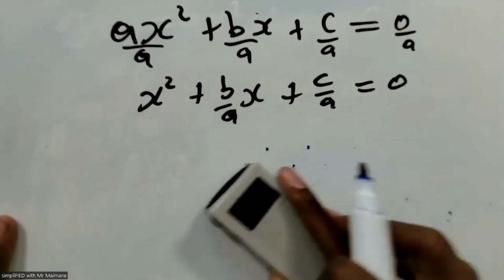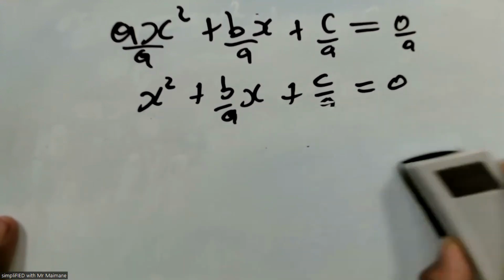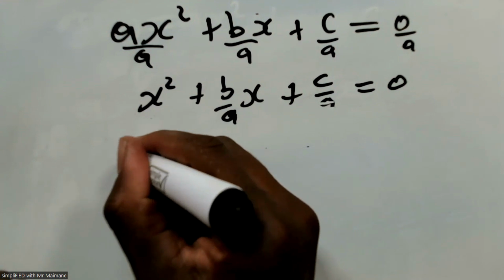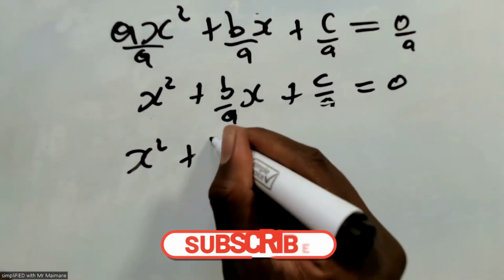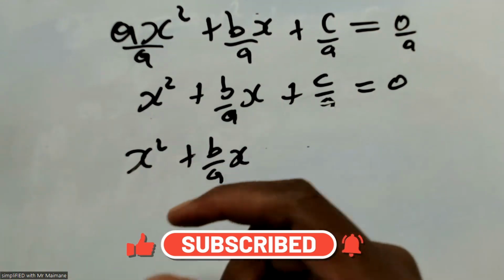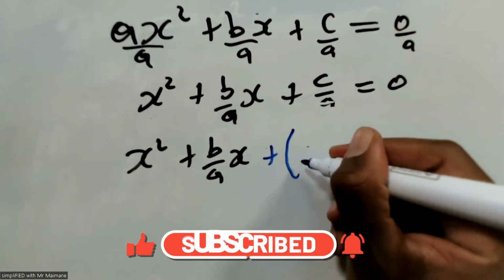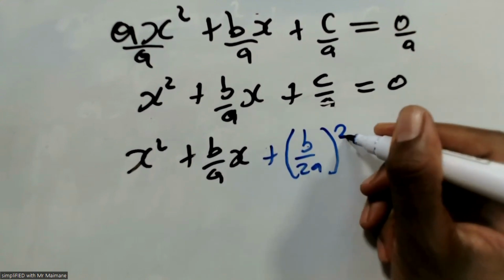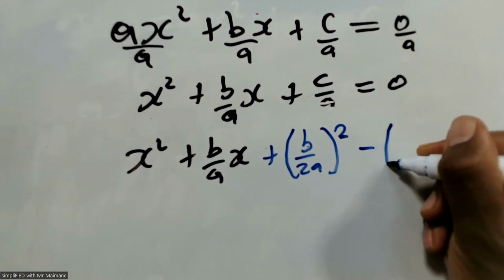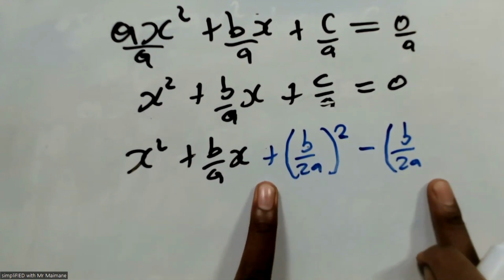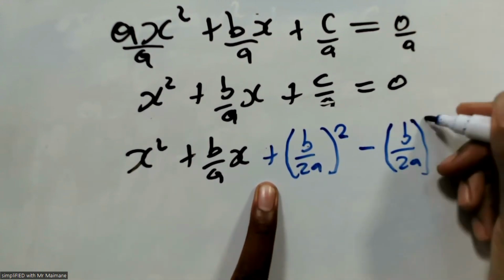So let's add and subtract the square of half the coefficient of x here. We'll have x squared plus b over a x, and then I add the square of half the coefficient of x, and then I subtract it again. So it looks like I just added a 0, because this part here should give me a 0 indeed.